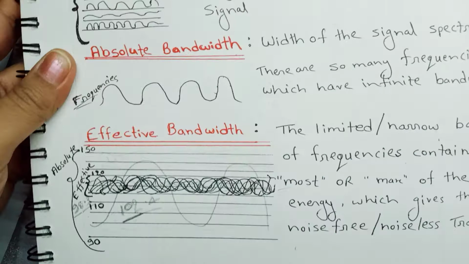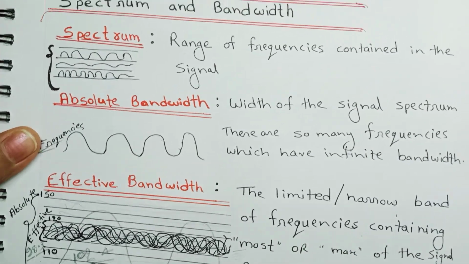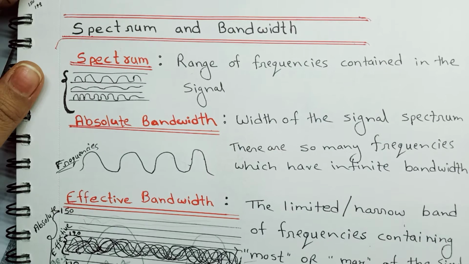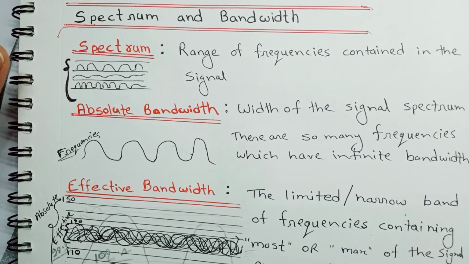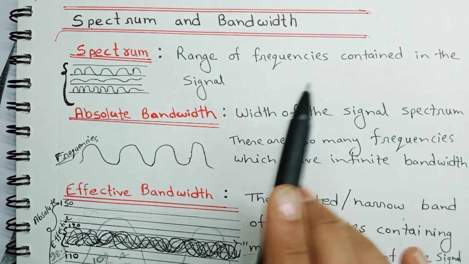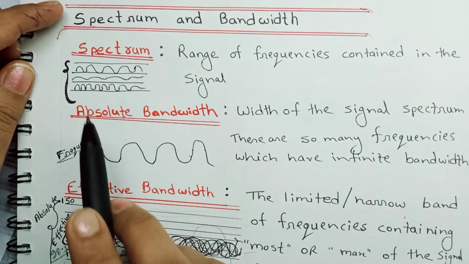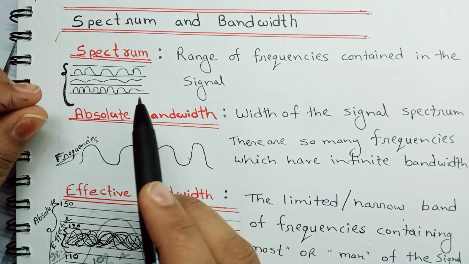Then we have to know what spectrum and bandwidth are. Spectrum is the range of frequencies contained in the signal, the range from where you can send the signal.